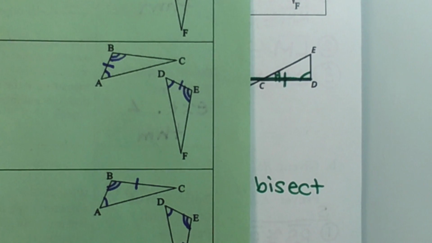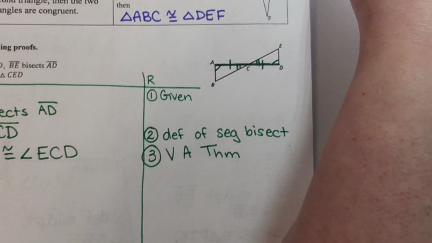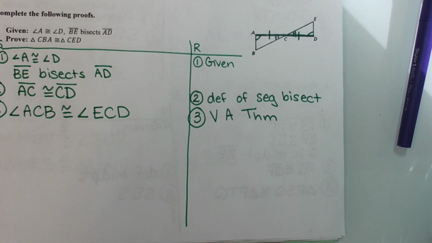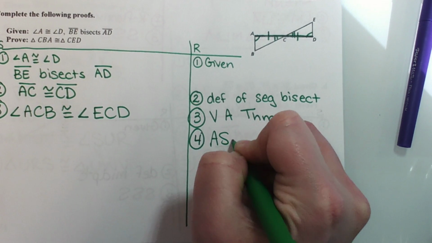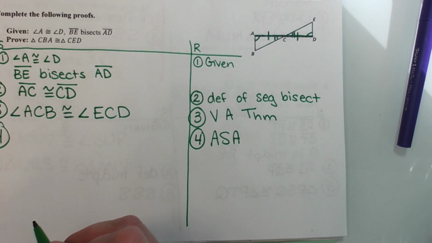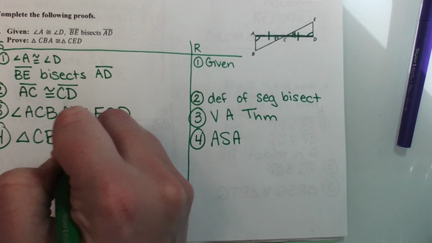Is the other triangle the same? Yep. 2 angles and the side between? Which one's that one called again? ASA, angle side angle. Side, side, side, side, angle, side, and angle, side. All tell me triangles are congruent. So I can go to my proof.